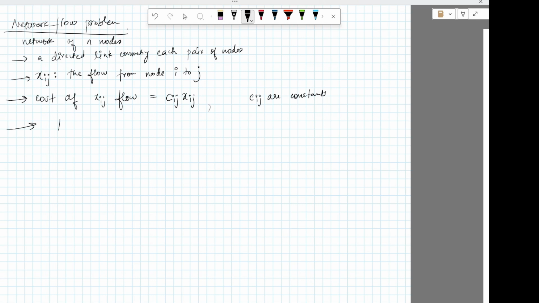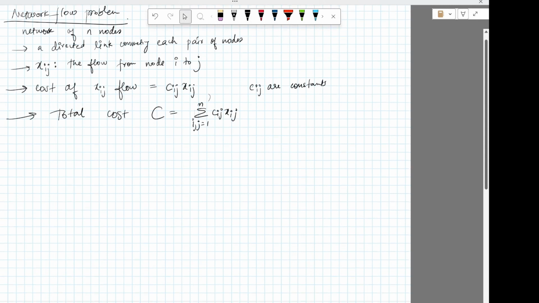So the total cost C is equal to summation cij xij, i, j equal to 1 to n, right? Okay, so this is the cost.